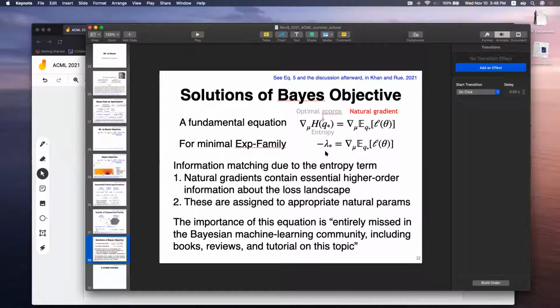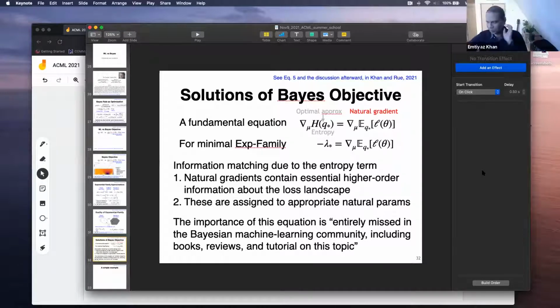You already mentioned this time and again, but it came up today in the other talk as well. Basically, we can use any arbitrary loss function, regularize it with the entropy, and does that give you a Bayesian solution? Yes. Okay, generalized Bayesian.